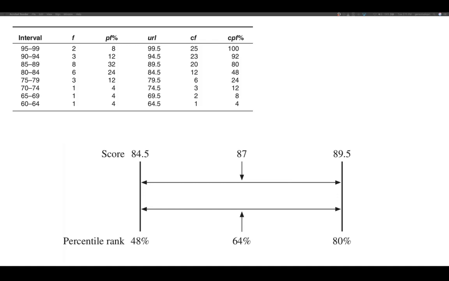Now, such reasoning also applies to the percentages. If you look at the cumulative percentage at 84.5, it is about 48. Again, with a score of 84.5, we would have the cumulative percentage, which is about 48, and that is from the entry of 80 to 84.